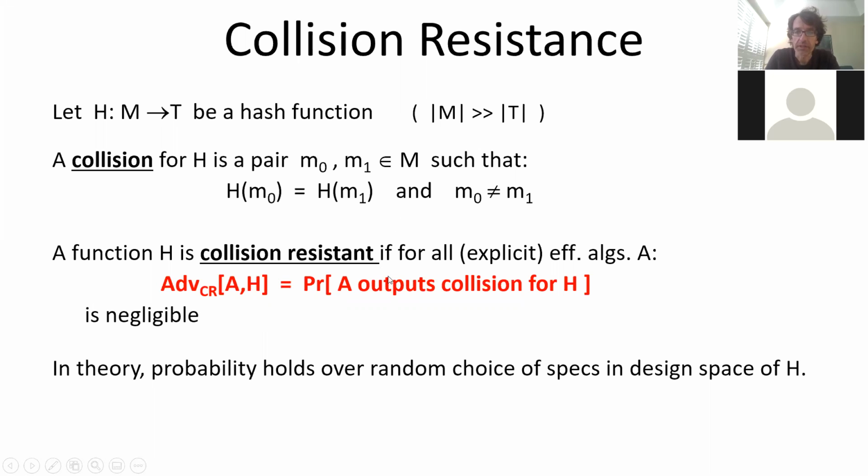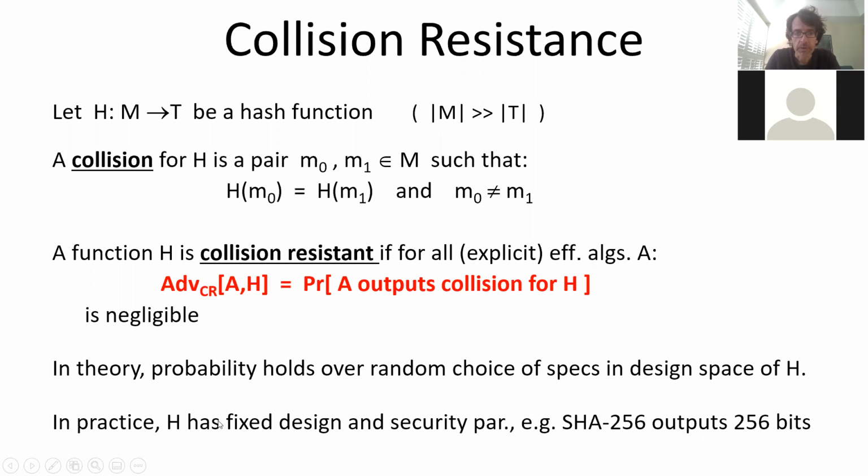So of course, in practice, a design is proposed, and then maybe a few years later, somebody does break it, right? So that happened with SHA-1, for example. Famously. But also in practice, these are not asymptotic things.